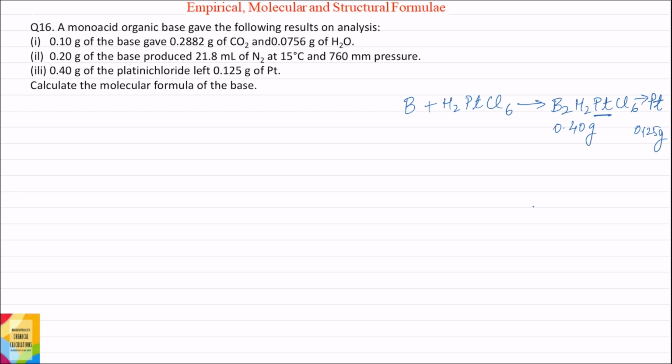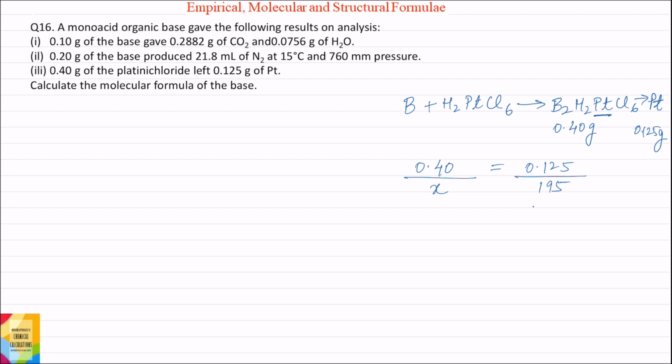What will be the moles of platinichloride? Moles of platinichloride will be equal to weight of platinichloride, that is 0.40 gram, divided by molecular weight of platinichloride, let it be X, and this is equal to moles of platinum, which will be equal to 0.125 divided by atomic weight of platinum, which is 195.